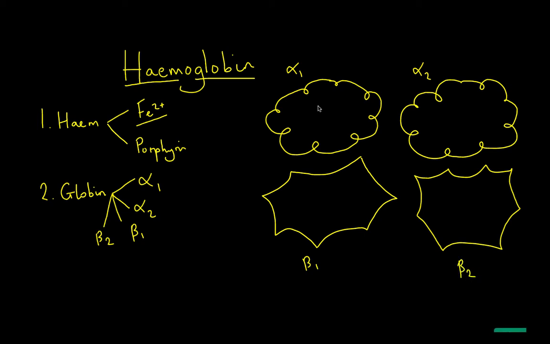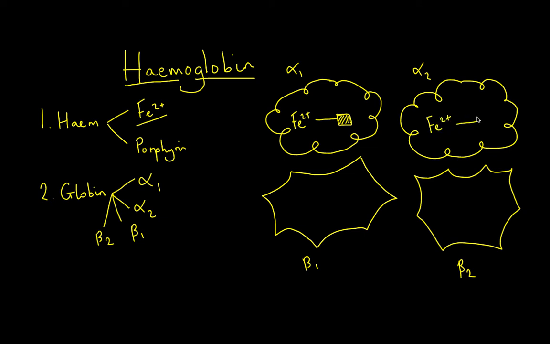Now each of these polypeptide chains is bound to a heme group, which consists of the Fe2+, so iron in its ferrous state, and porphyrin, or the porphyrin ring, which I'll draw using this coloured in square, and it just represents the porphyrin ring, just to make it easier to visualize.